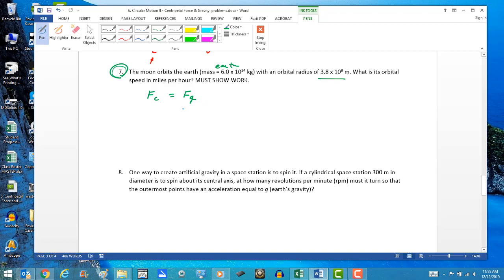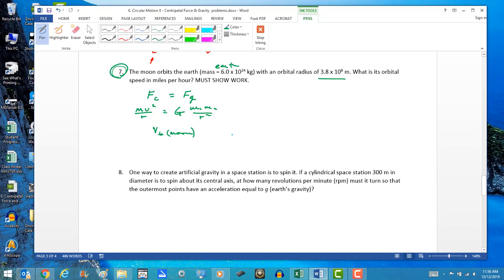So we can just set those two equations equal to each other like this, just like we did above. A bunch of things fall out of this equation, so just do the exact same thing that we did above, and you end up with the velocity of the Moon. As a hint, it's a little over 1,000 meters per second.